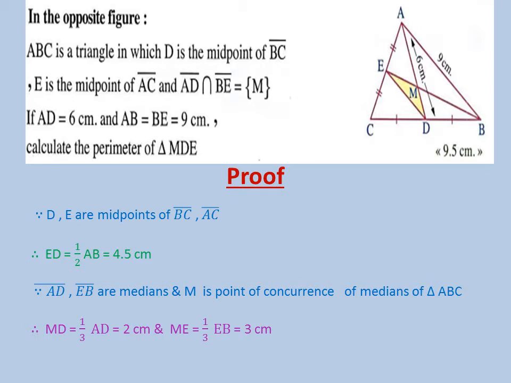ME also is a part from base, so it will equal a third of the total median. EB equals 9, so ME will equal 3. The perimeter of triangle MDE is the sum of the three sides, which will equal 9.5 centimeters.